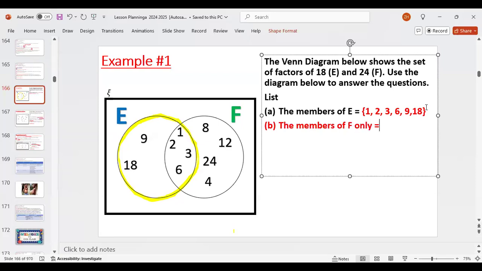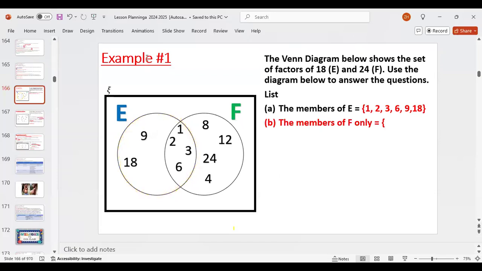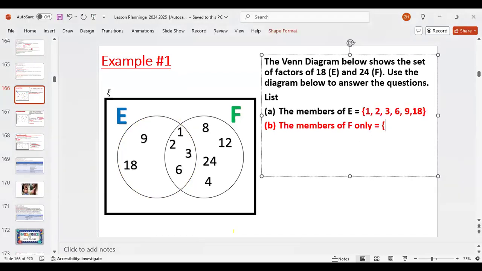The members of F only, right? F only, yes. So what? So that'll be 1. What else? 2, 3.